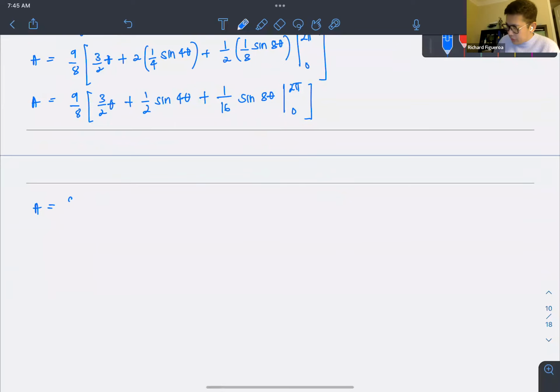Answering that further, so we'll have 9 all over 8. So substituting the limits.